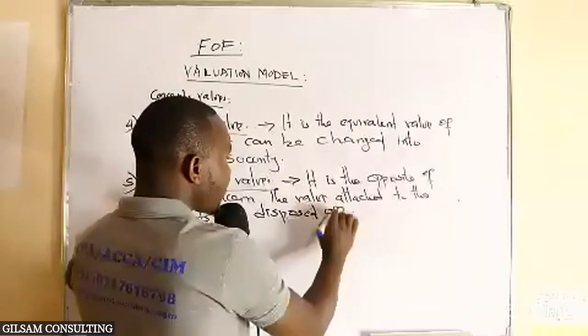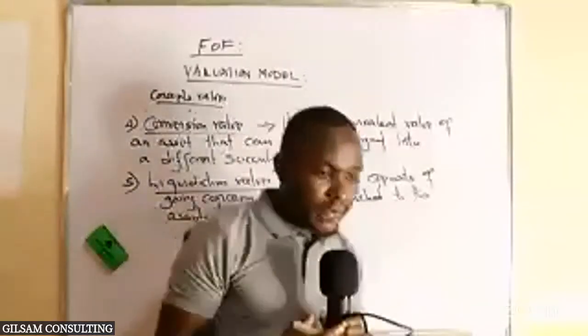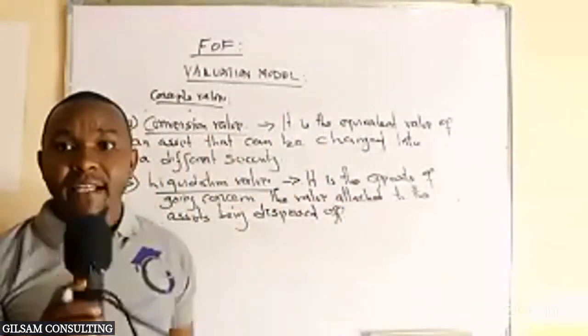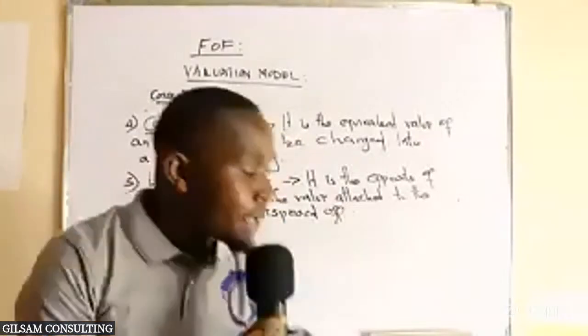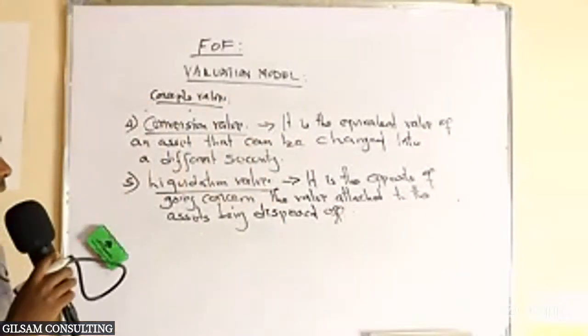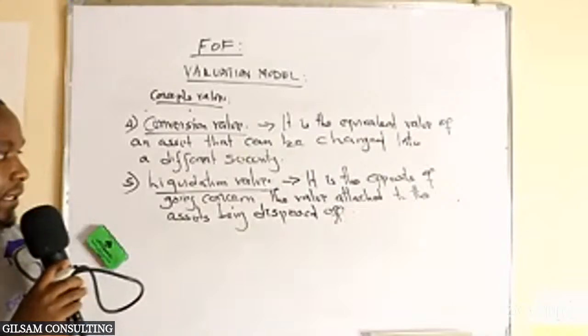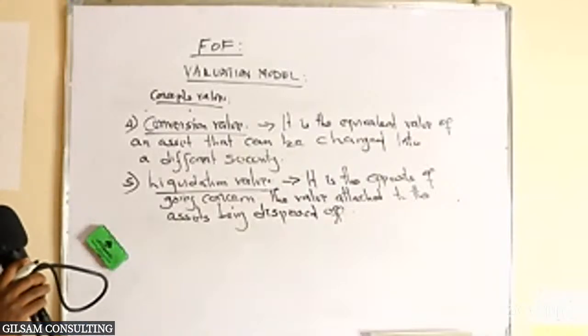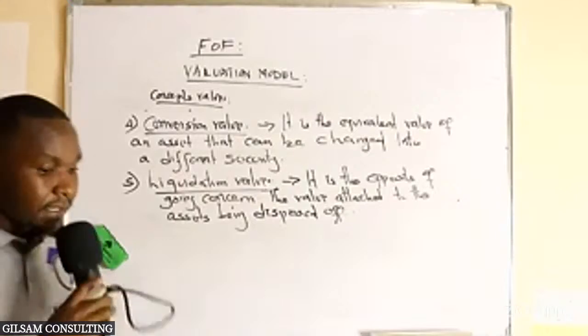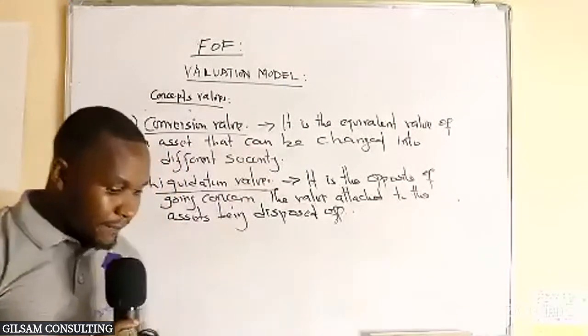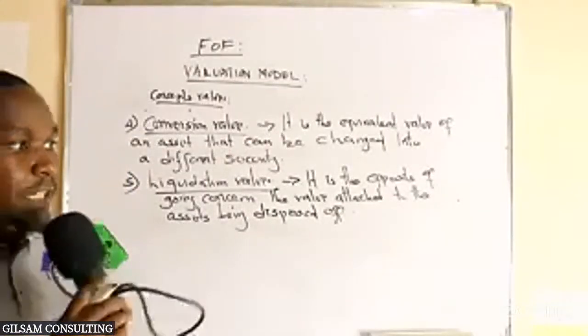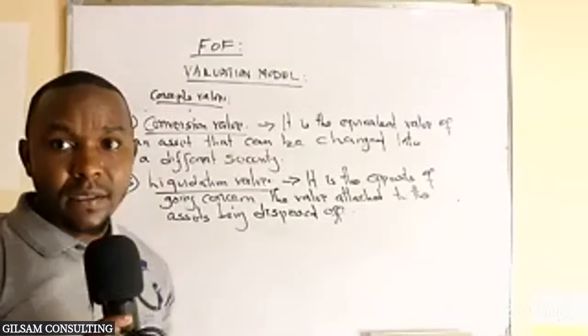Remember, a company that makes losses will not have money to pay the shareholders, the suppliers or the government. Like the case of Tuskys, which was making losses, what happened?